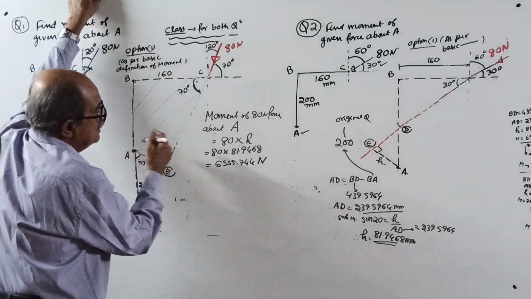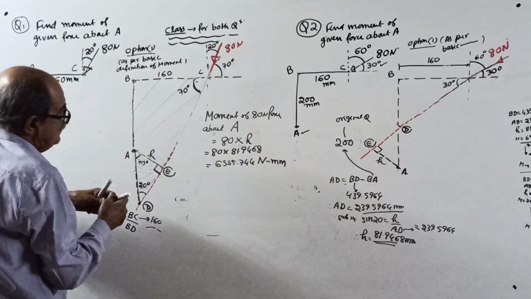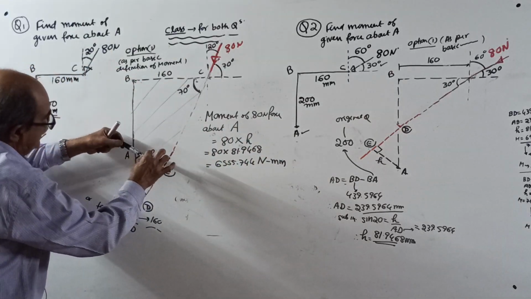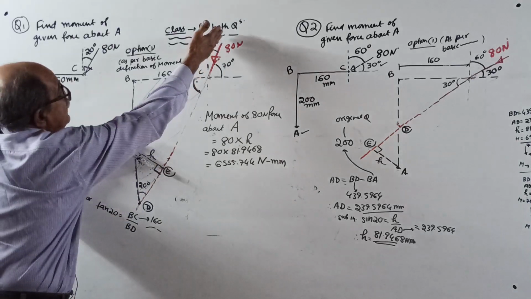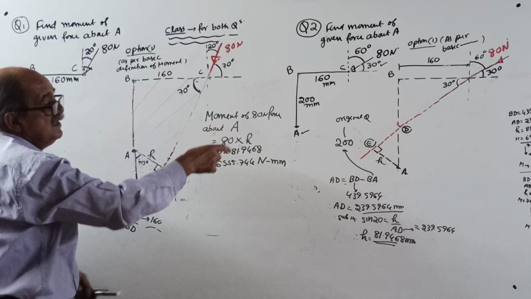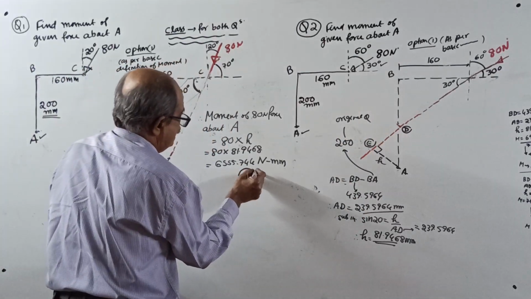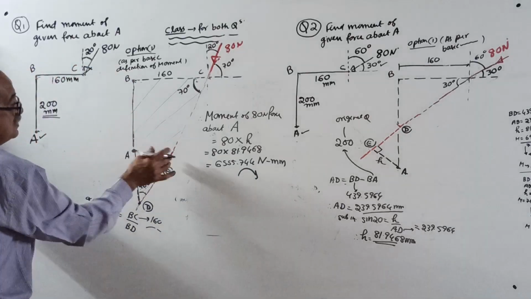Force in Newton, distance in millimeter, and direction is required. This I told you clearly. Hold the pen at A. I will not explain more. See, the load is this way, it is clockwise. That much clockwise.